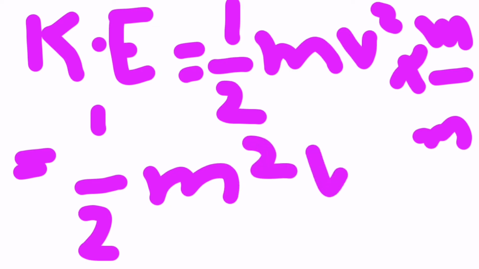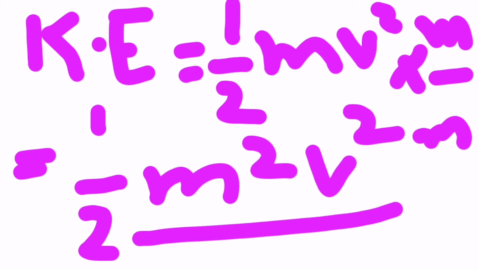Kinetic energy is equal to half m v square into m divided by m, which forms half m square v square over m.